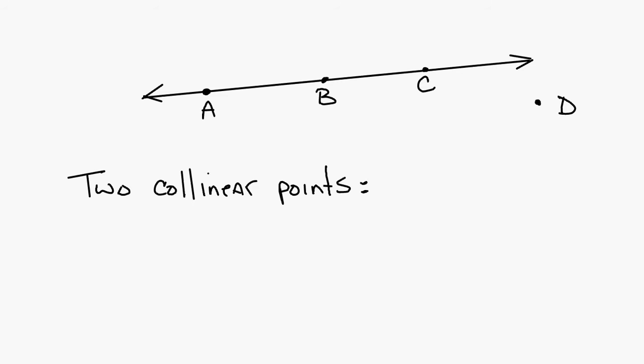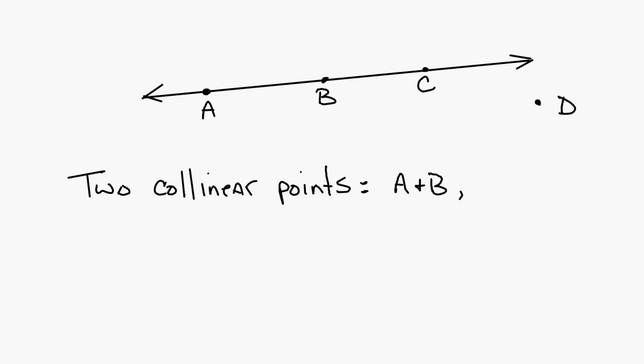Any volunteers? A and B. A and B, very good. When you're going to get asked some questions in geometry, it sounds too easy to be true, right? So it is in some cases.